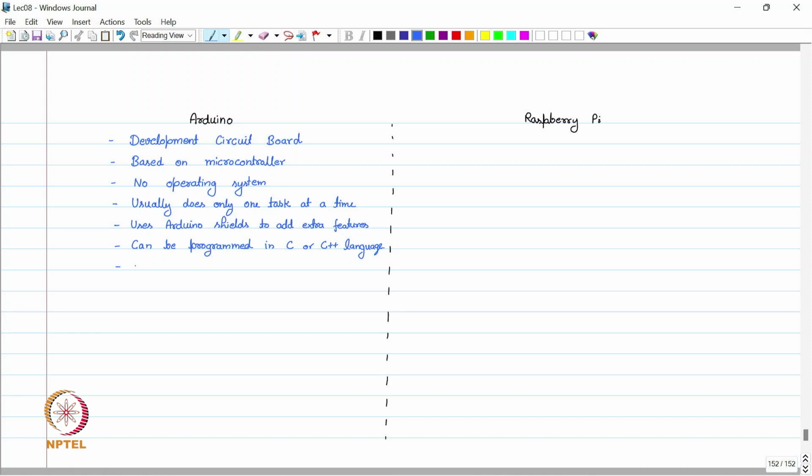The logic level voltage is 5 volts in this case. It needs additional Arduino shields to connect to the internet.